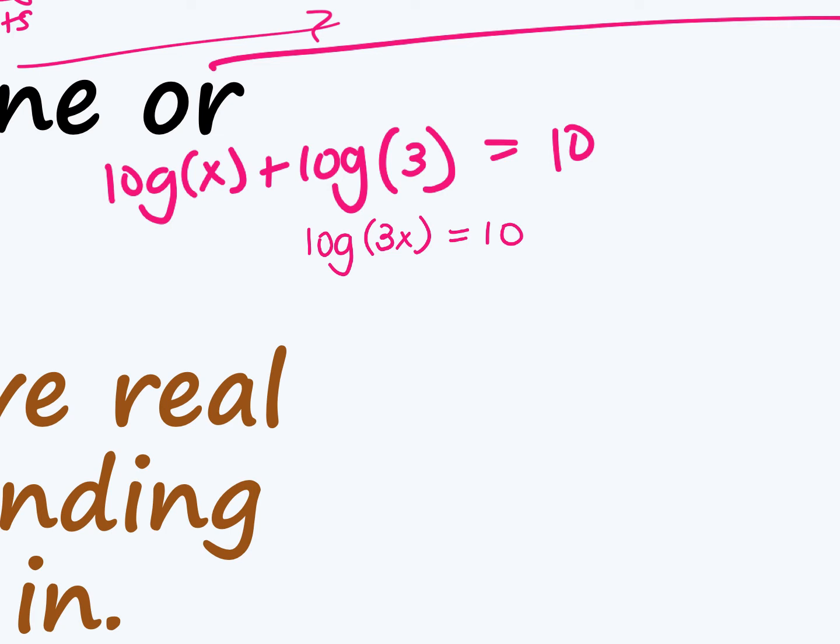What's the base on that log? 10. So this would now become 10 to the 10th equals 3x. That would be 10 with 10 zeros. You won't get a number that big, but let's just say you did. And then I would take whatever that is, 10 to the 10th, and I would divide it by 3. So that's if there's only logs on one side of the equal sign. We condense, we get it into exponential.